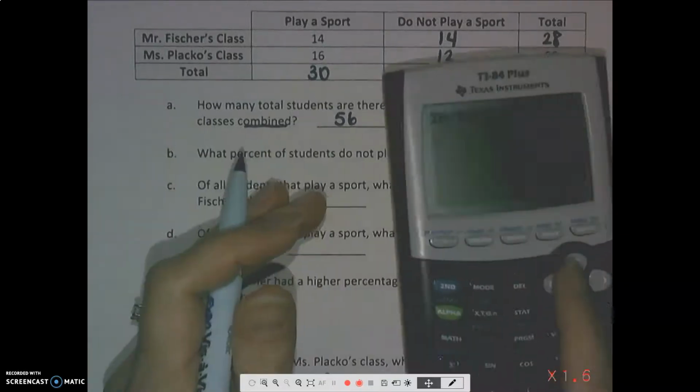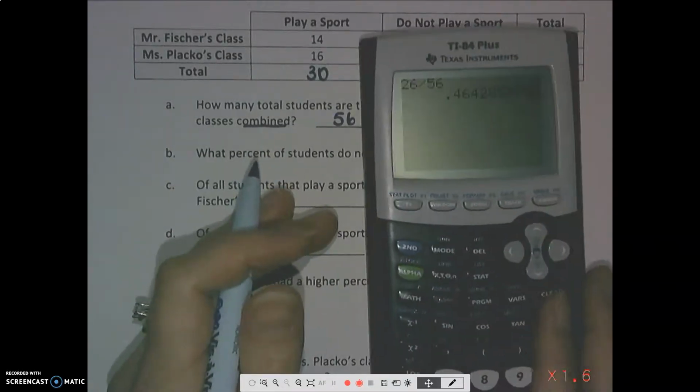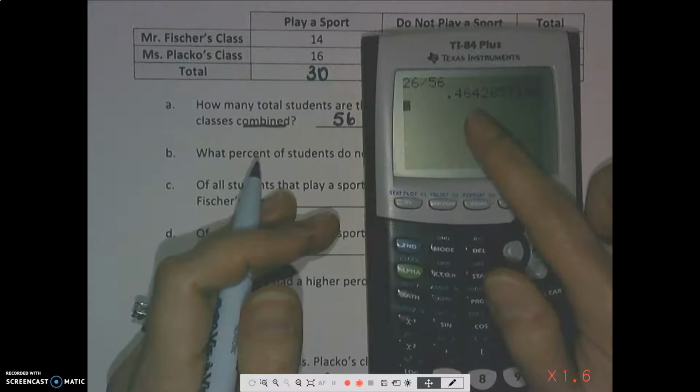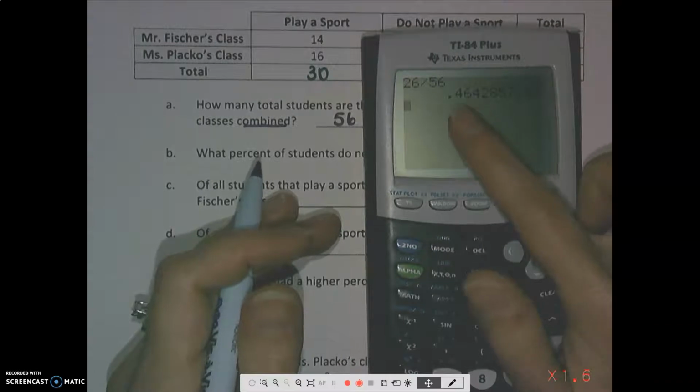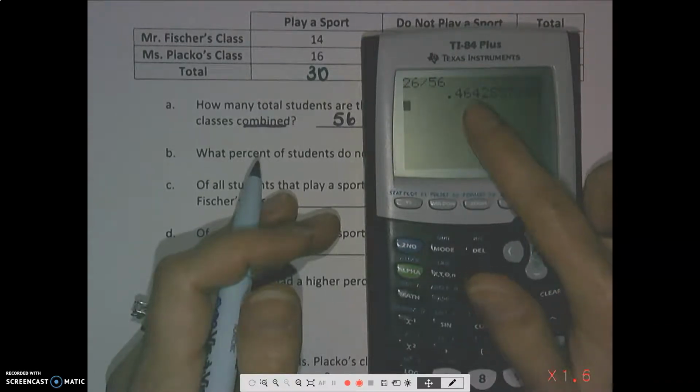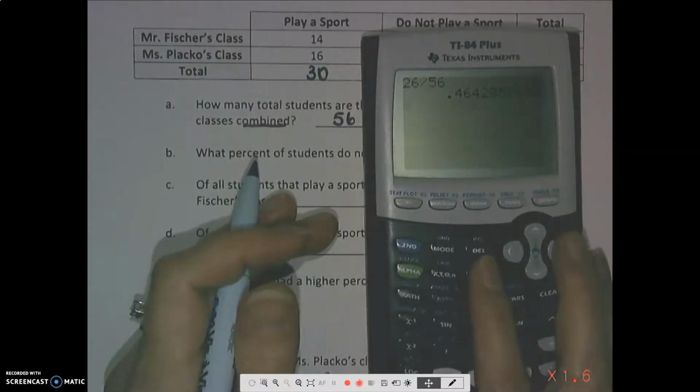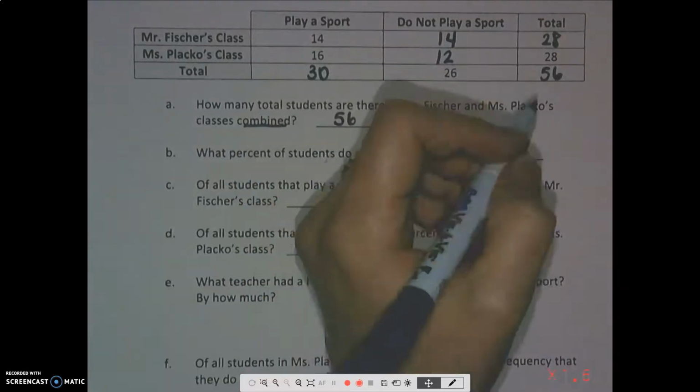Now, if you're looking at a calculator of this, it's going to give you a decimal like this, but we need to turn this into a percent. So that means that we're going to move this decimal place 2 spaces over. So that means that we would have 46.43 because that 8 is going to round up. So 46.43%.